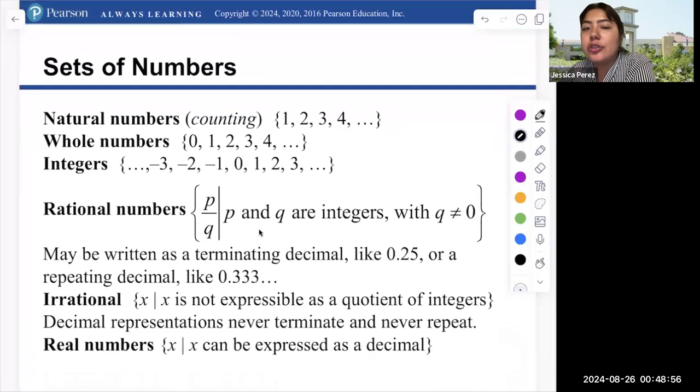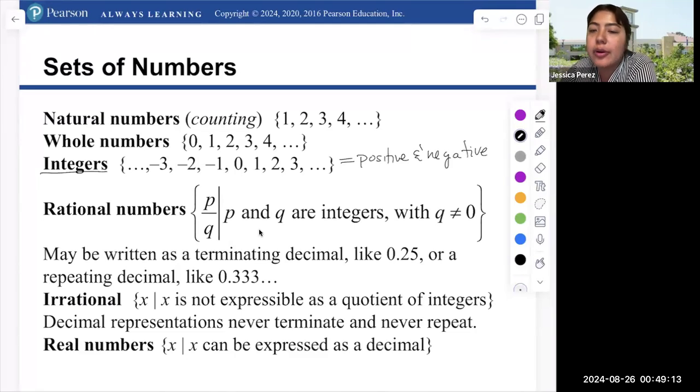We have integers, where you have positives and negatives. And why do we need this? Because we're going to be using sets to distinguish integers, whole numbers, natural numbers.